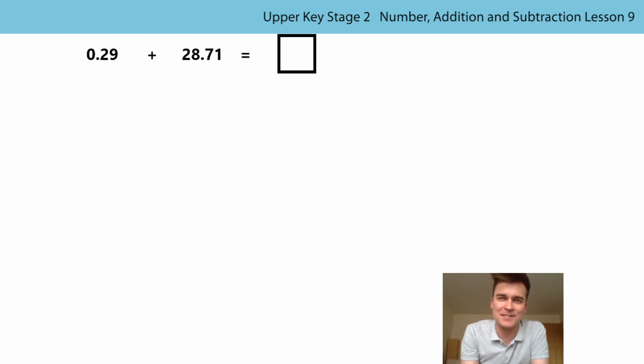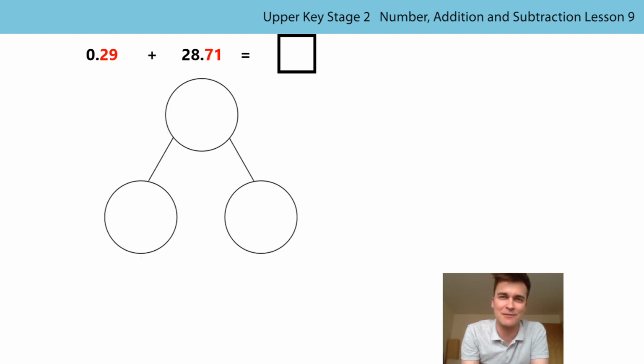This is what I spotted. Did you spot it as well? Before we think about why those numbers have caught our attention, let's think about 28.71 as the whole and how that whole can be split into 28 and 0.71.